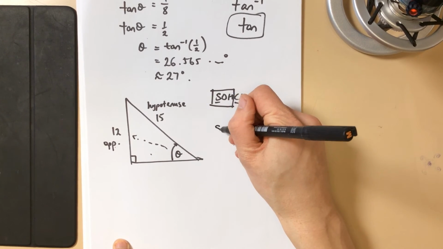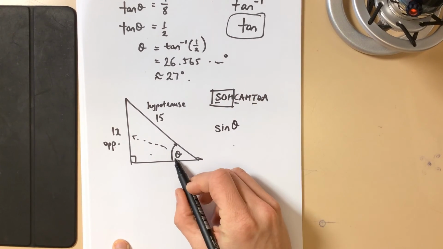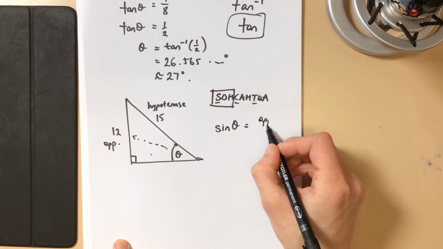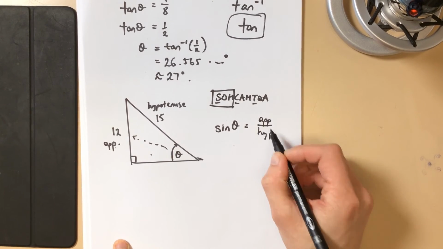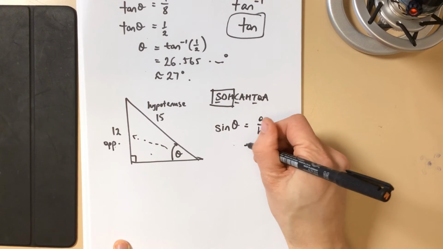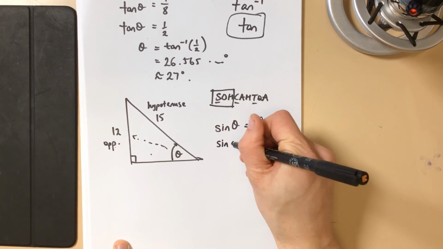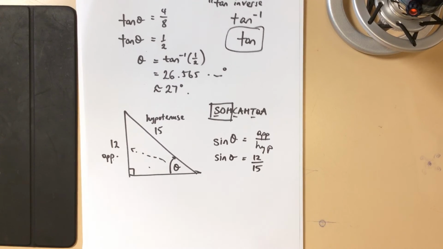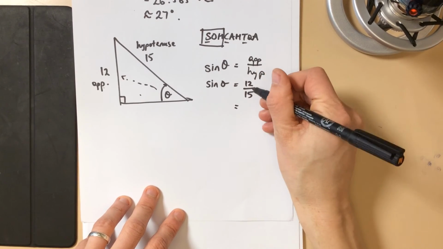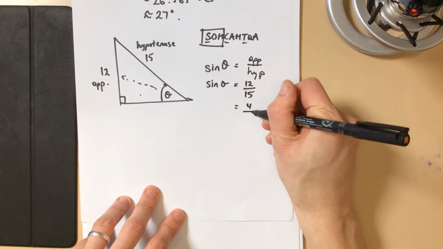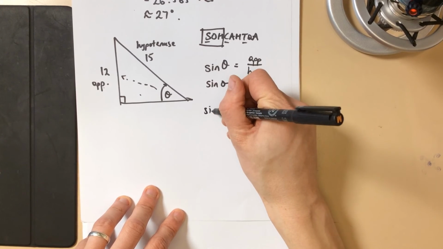So I can write that sine theta, that's this angle here, is opposite on hypotenuse, which in this case is 12 over 15. I can simplify that a little bit because 12 over 15 has a common factor of 3, so there's going to be 4 over 5 here.